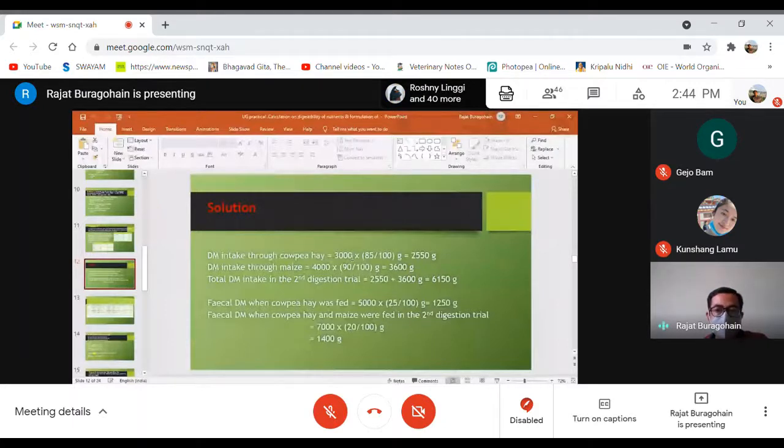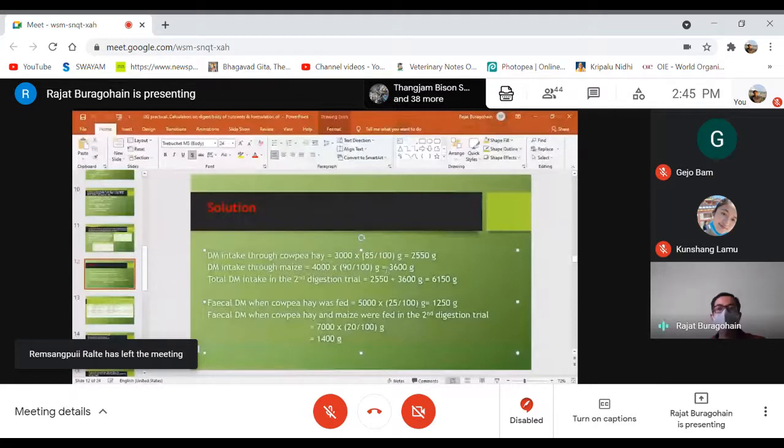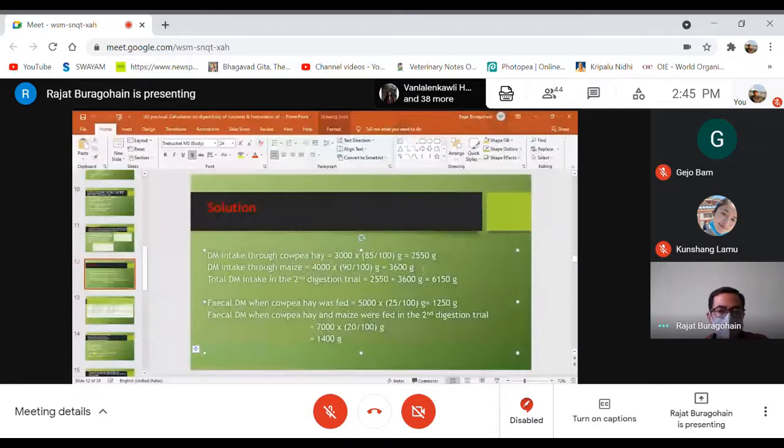Therefore, this much was the consumption of dry matter through maize. Okay. Therefore, since both cowpea hay and maize were fed in the second digestion trial, total dry matter intake will be this plus this, 6150 gram.